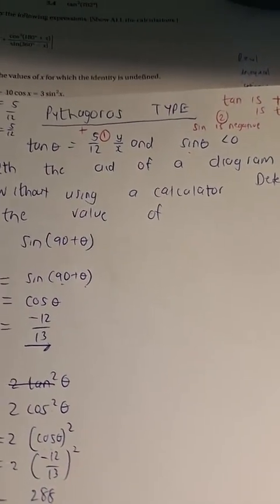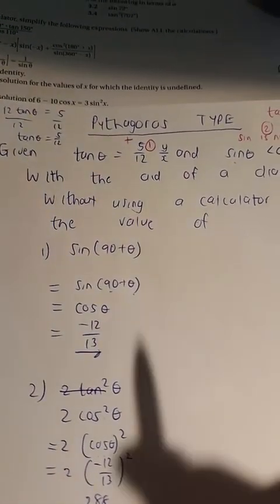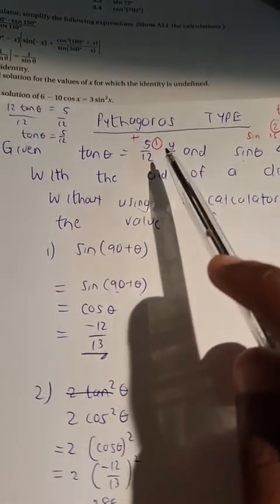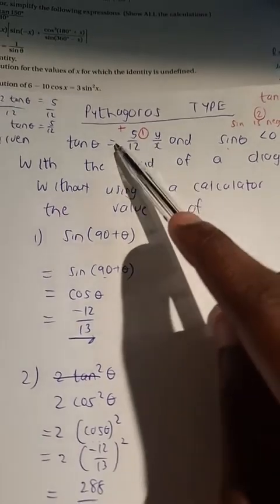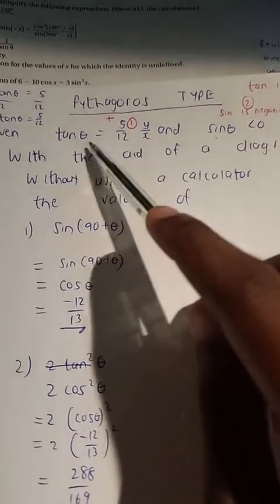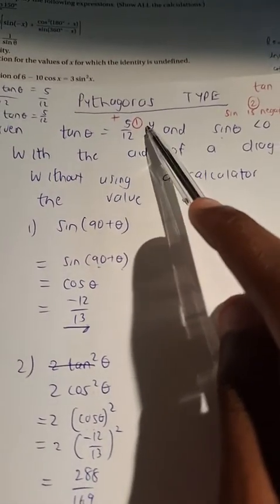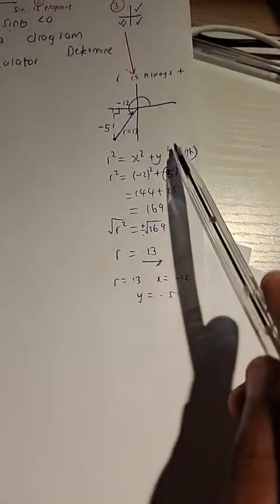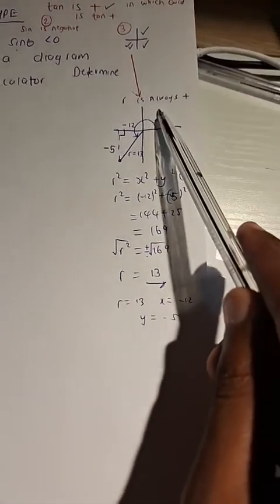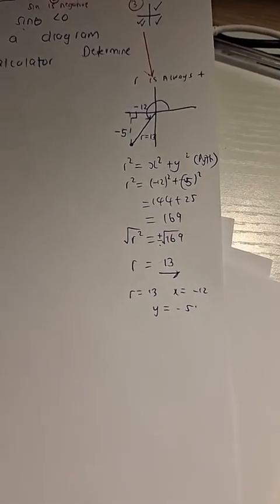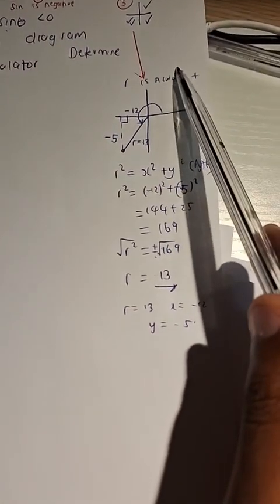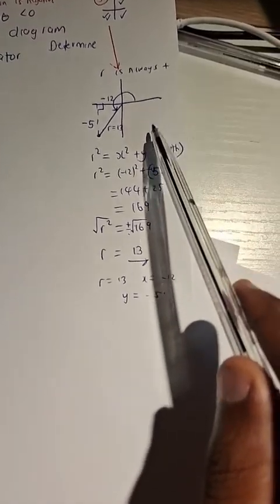Because tan theta is equal to 5 over 12, you could get theta using the calculator from the onset. But the minute you have the diagram and you can write out all your steps, without using a calculator simply means you must show your steps.